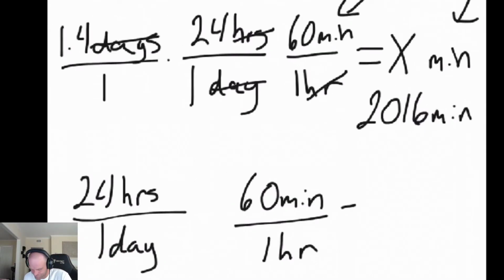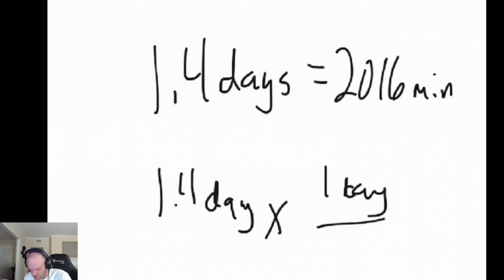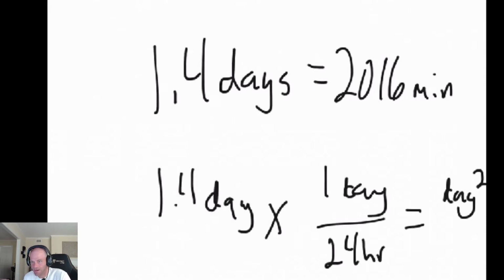If for some reason I set this up and I had 1.4 days and then I did times 1 day over 24 hours, then my equal side would have day squared, day times day. Okay, so now it doesn't make much sense when you talk about days, minutes, hours, but when we talk about grams and milliliters, remember centimeters cubed is the same thing as a milliliter.